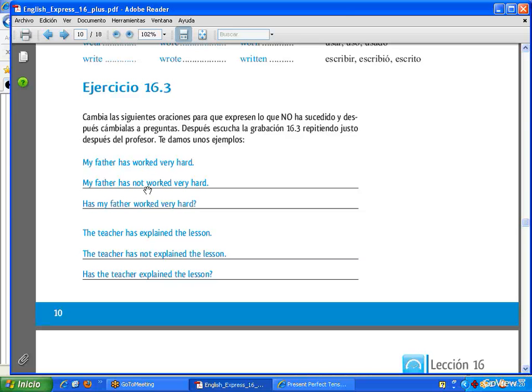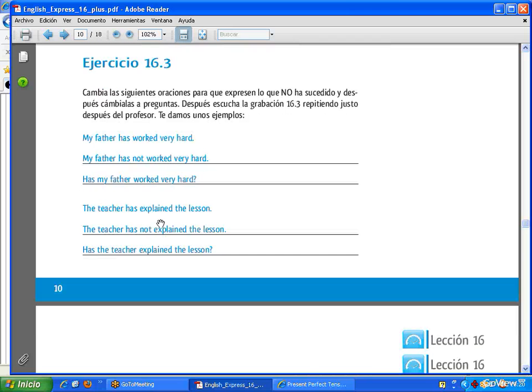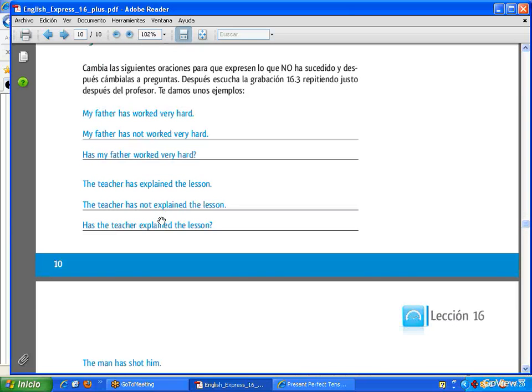Okay, the teacher has explained the lesson. Bueno, el maestro no ha explicado la lección, ¿eh? Por favor. The teacher has not explained the lesson. And the question, has the teacher explained the lesson? Espero que sí. Okay, the man has shot him. The man has not shot him. Has the man shot him? They have moved to a different country.